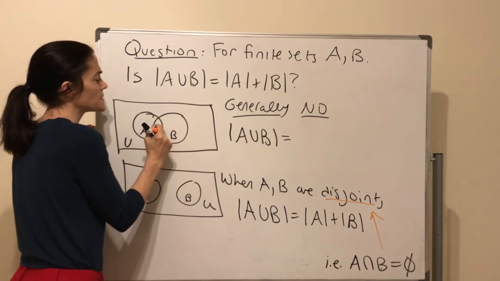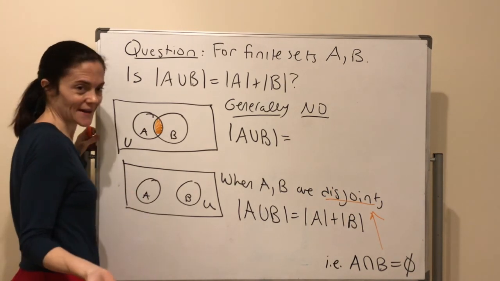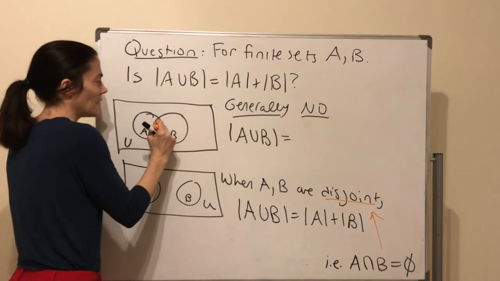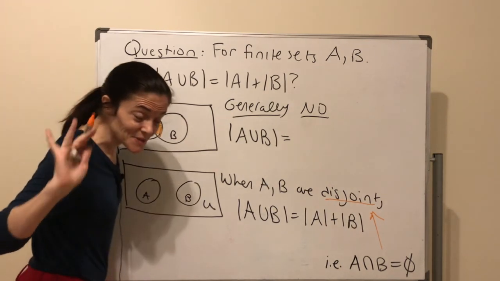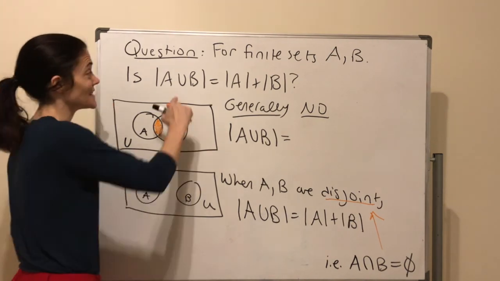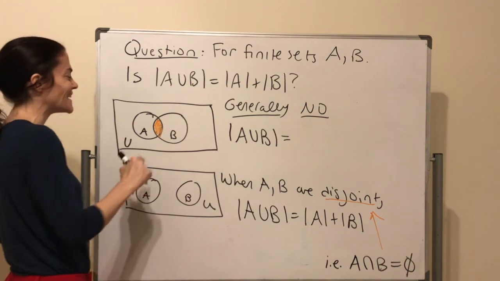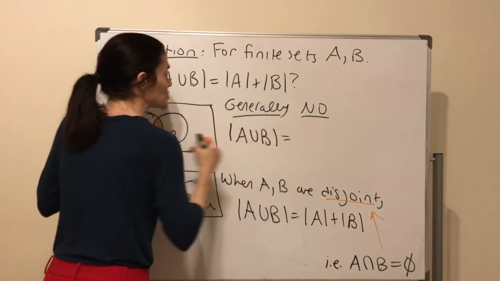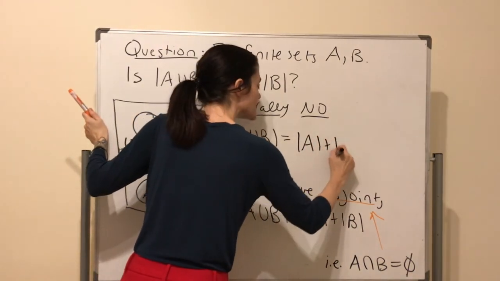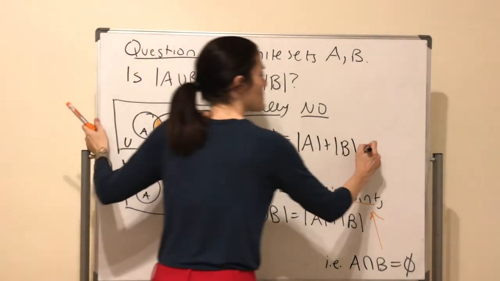If you notice, I've already counted everything in A intersect B because I counted it in A. Now, add up everything in B. So now, I've counted what's in the intersection 2 times, which is too much because I only want everything in the intersection to appear 1 time in the cardinality of the union. So I must subtract. Okay, so the general and correct statement is cardinality of A plus cardinality of B minus the cardinality of A intersect B.